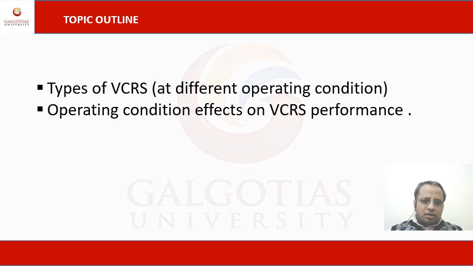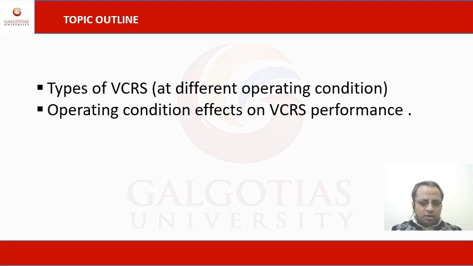The major highlights of this session are the VCRS types, and the VCRS types depend on the refrigerant condition at the different fundamental parts. Like during the evaporation operation, the refrigerant pressure and temperature will be different. During the compression, the thermodynamic property will be different, during the heat discharge and at the expansion valve.